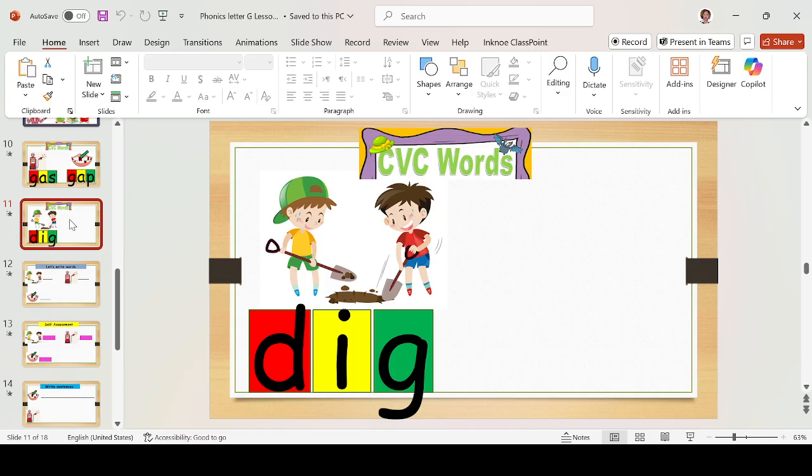Next one. Okay, look at the boys. What are they doing? So our word is from the picture. Okay, so now I want you to say the letter sound of this one and this one here. What is the word? Try to think. Blend your sounds.